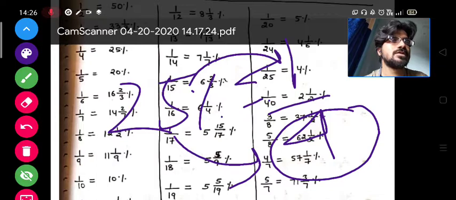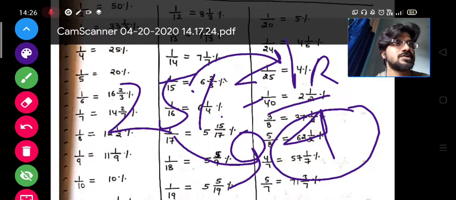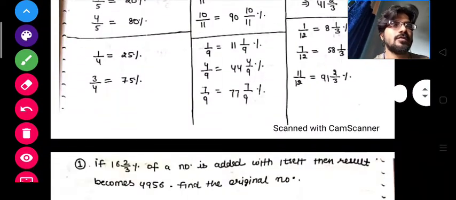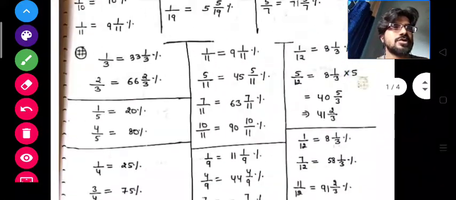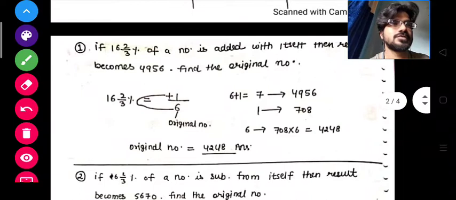So this will give you the result R, and this is the original value O. In SP and CP, this is CP. You always have profit and loss on CP. After you have learned all these values, you will get to know these kinds of questions.